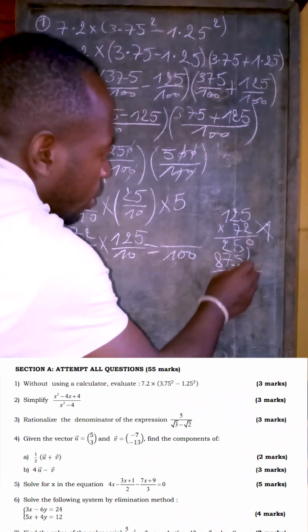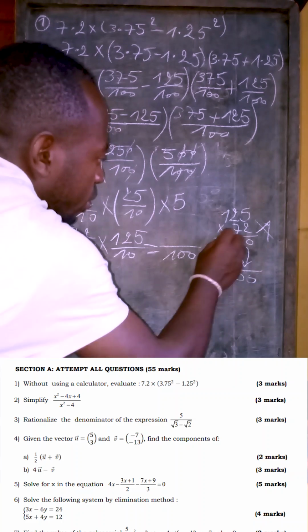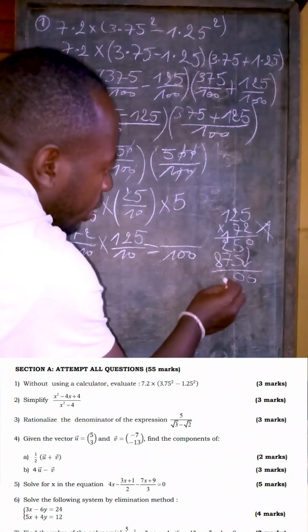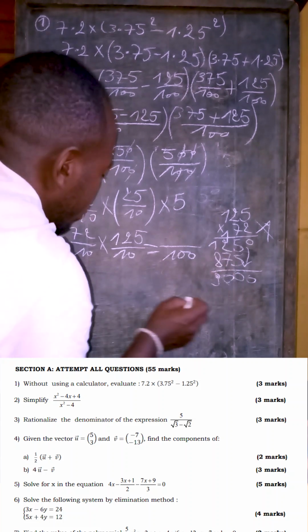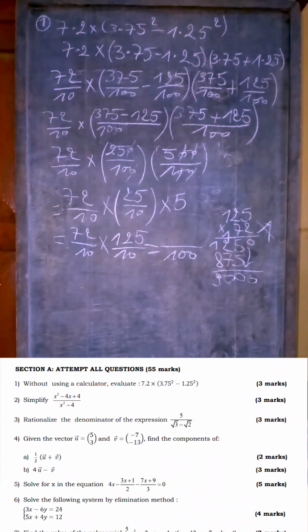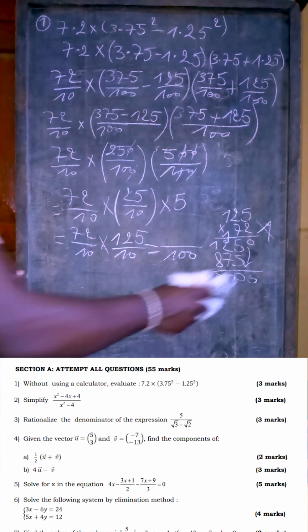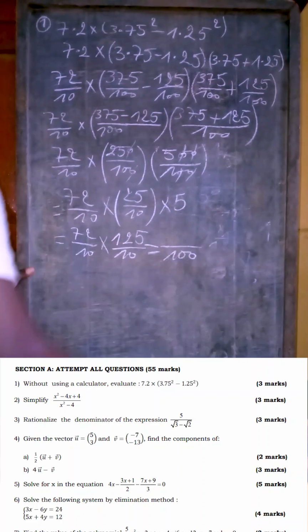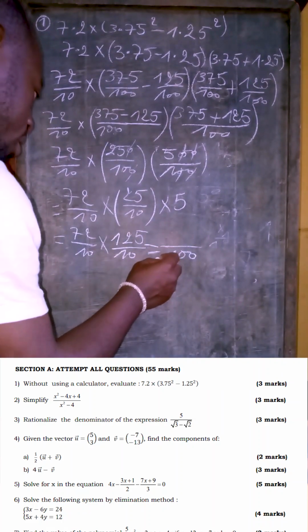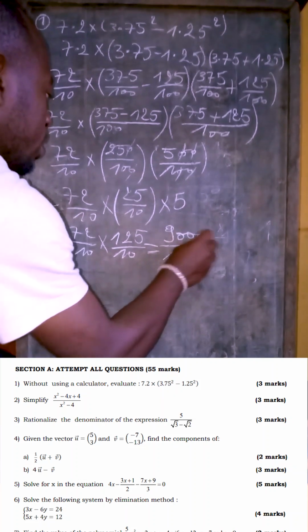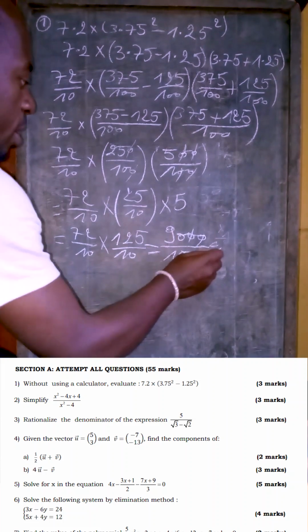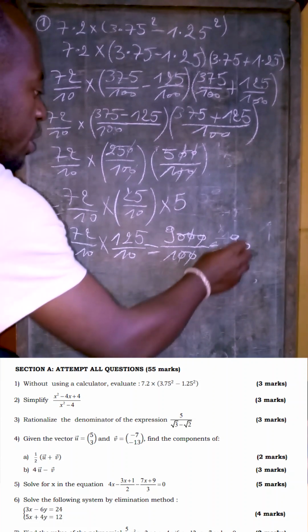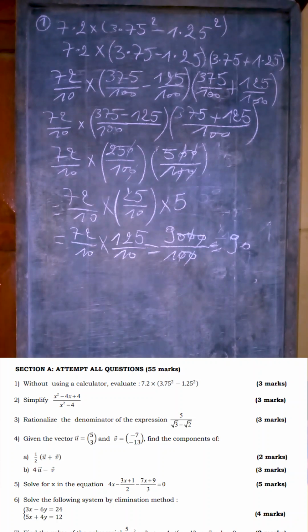Adding everything, we get 9,000 over 100. By simplification, we remain with 90. This is the final solution for question number 1 in this exam.